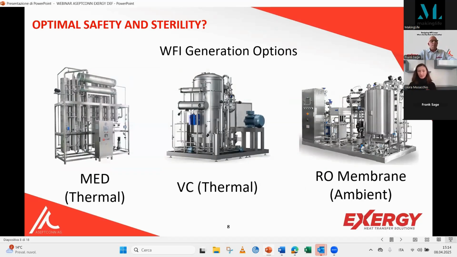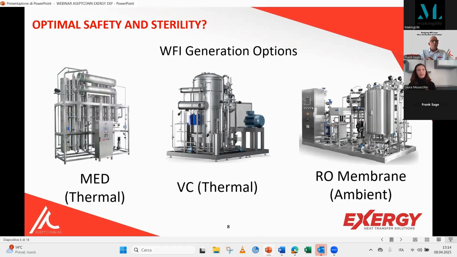The second one is vapor compression, and the third one, the ambient generation production, is realized using a technology that is membrane-based. The first two, the distillation with multiple effect and the thermal with vapor compression, are well known and normally use thermal distillation methods with good energy efficiency and proper reliability.